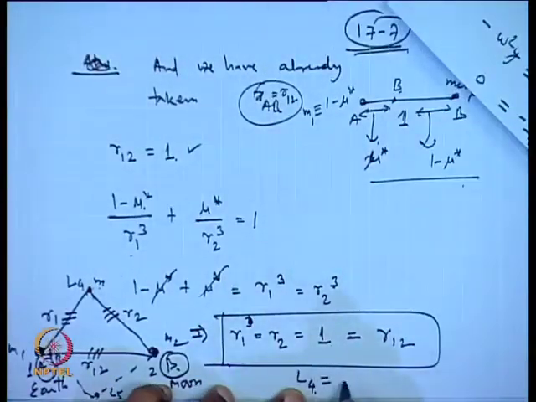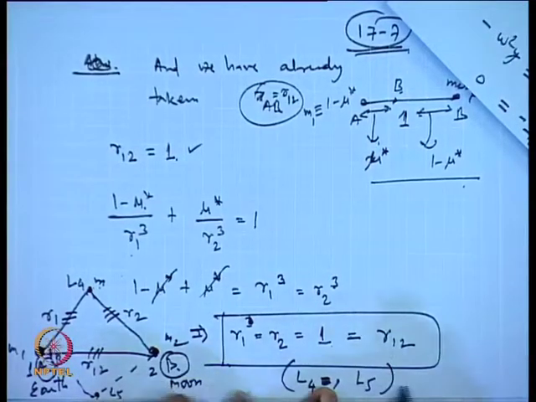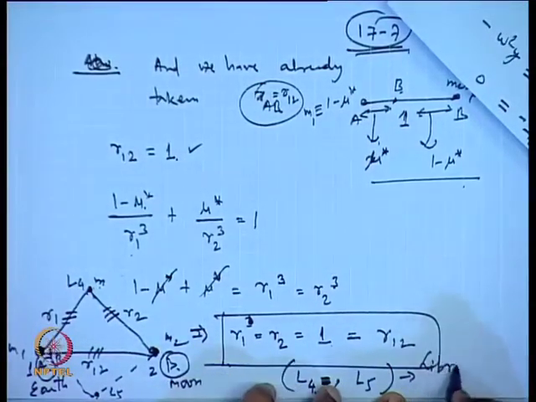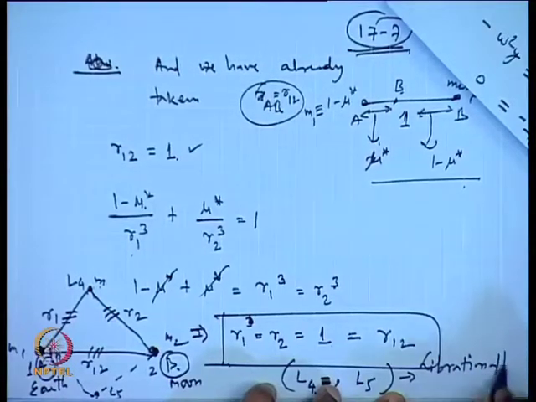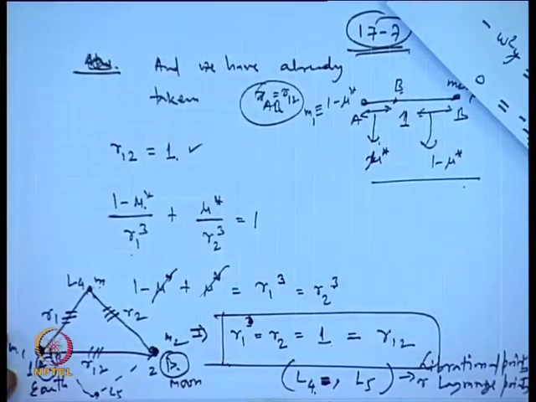These are going to give us the points L4 and L5. So these are our librational points or Lagrange points.